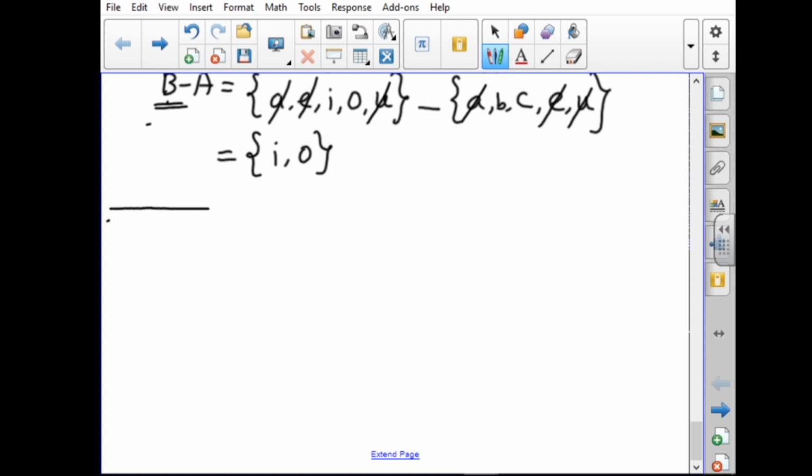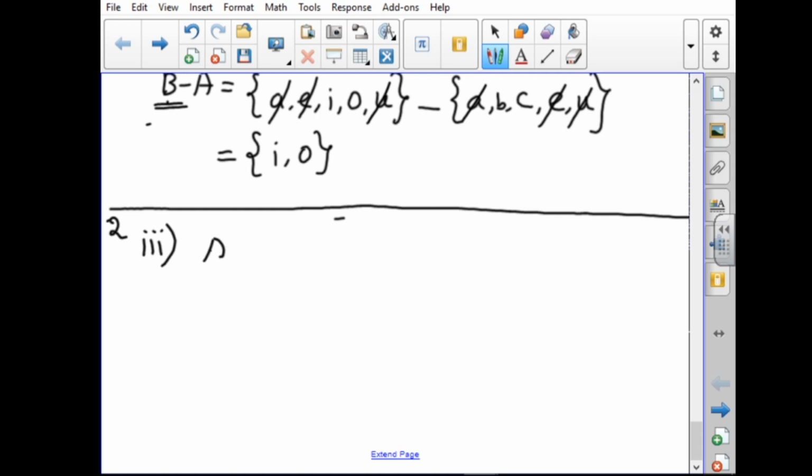Then the third one, question number 3. A is equal to {x such that x belongs to N, and x less than or equal to 10}.